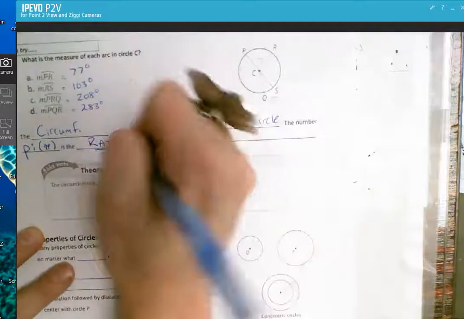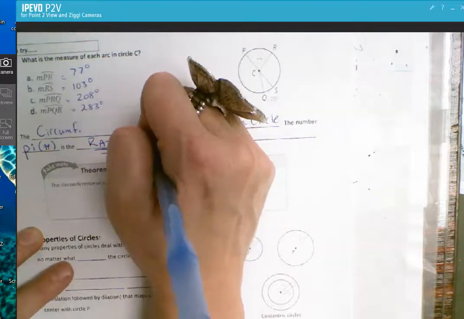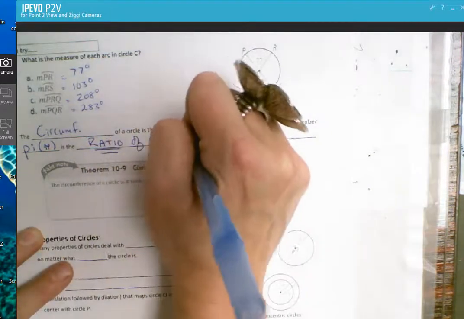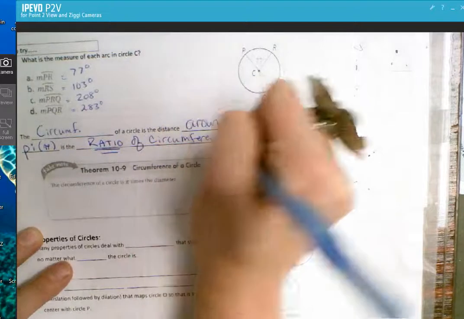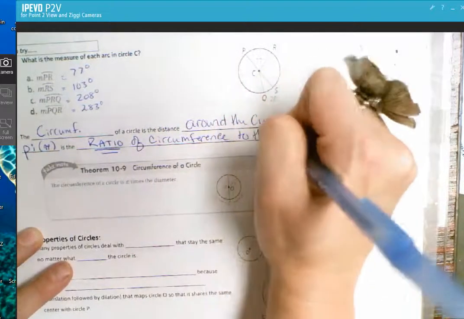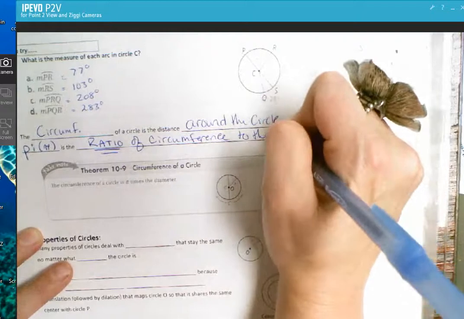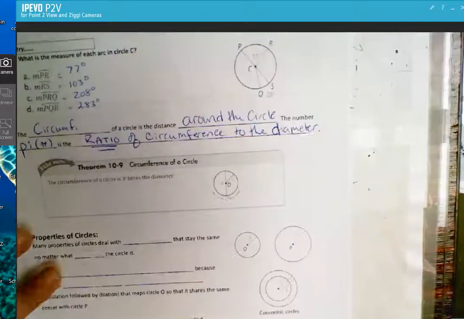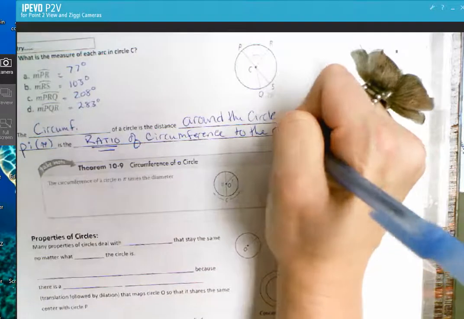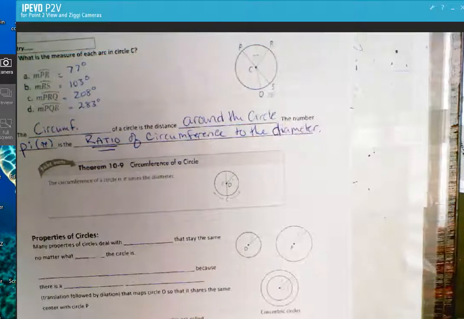Pi is the ratio of circumference to the diameter. There's a relationship between the diameter and the circumference of a circle. It's the ratio between them, and that's how we end up getting similar circles.